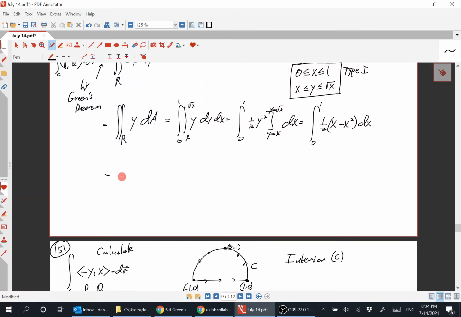So this is equal to 1/4 x squared minus 1/6 x to the third from 0 to 1. So that's 1/4 minus 1/6. The least common denominator here is 12, of course, right? So this is 3/12 minus 2/12, so that's 1/12. Yeah, that's exactly what the answer in the back was. All right, so my bad on that one.